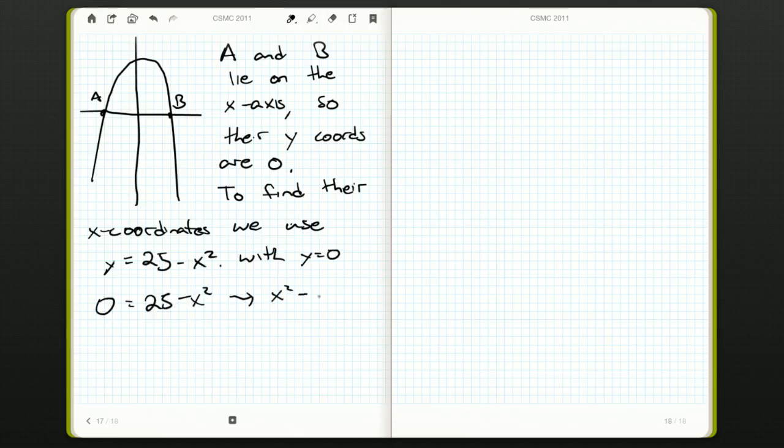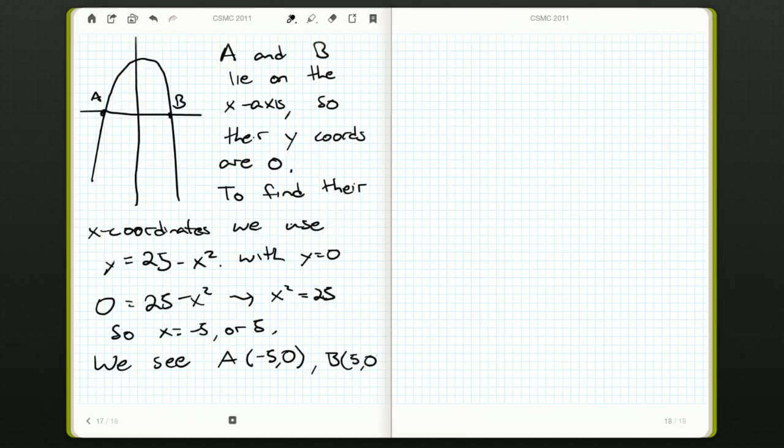We can rearrange that to get x squared is equal to 25. So x is going to be negative 5 or 5. So A, because it's the one on the left-hand side, is going to have coordinates negative 5, 0, and B will have coordinates 5, 0.